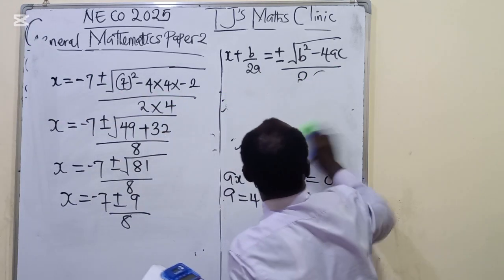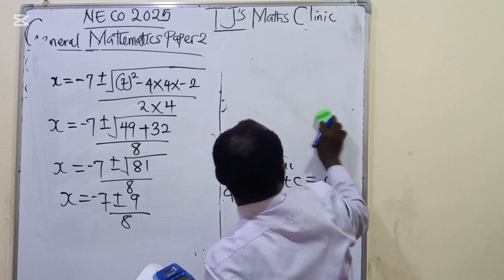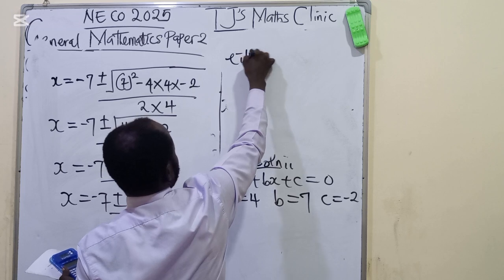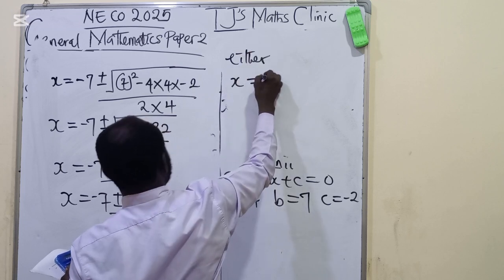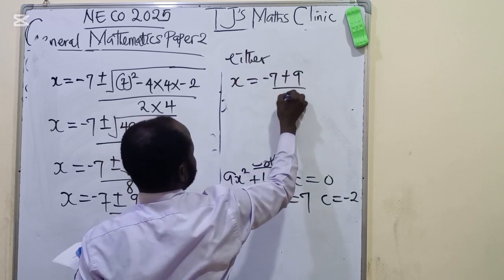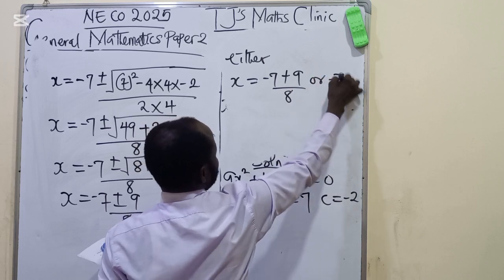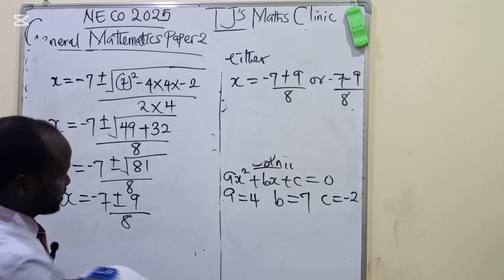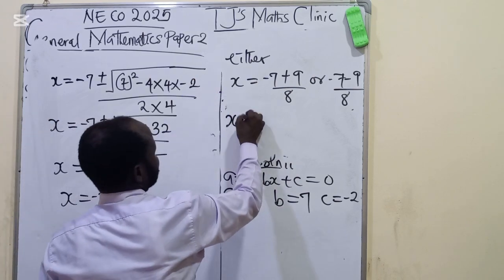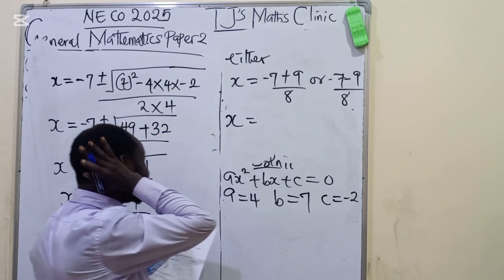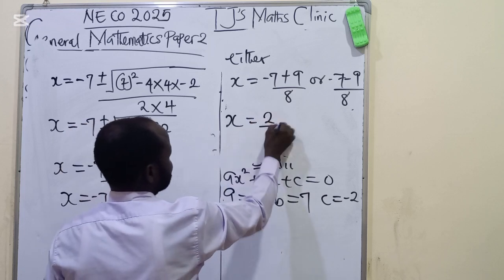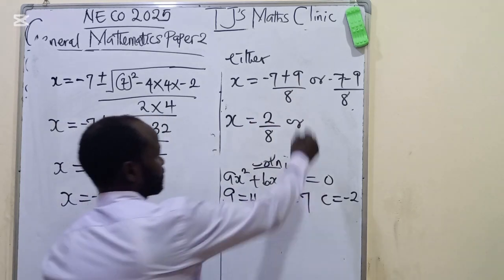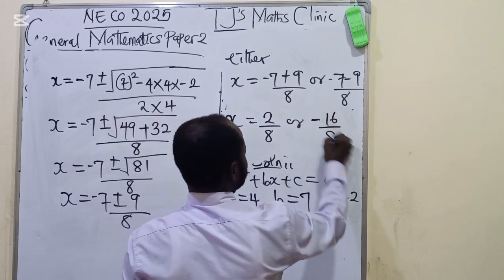Permit me to clean here so that we can solve for x. At this point, either x is equal to (−7 + 9)/8, or (−7 − 9)/8. This will be the two values of x. So x now will be −7 + 9, of course, will be 2 out of 8, or −7 − 9, of course, will be −16 out of 8.